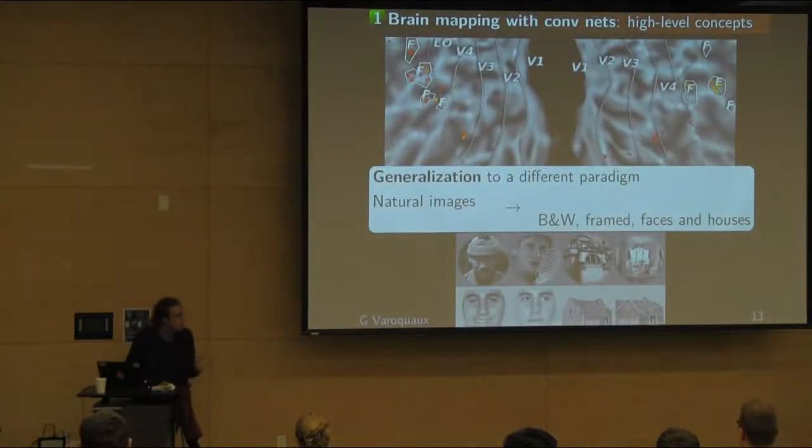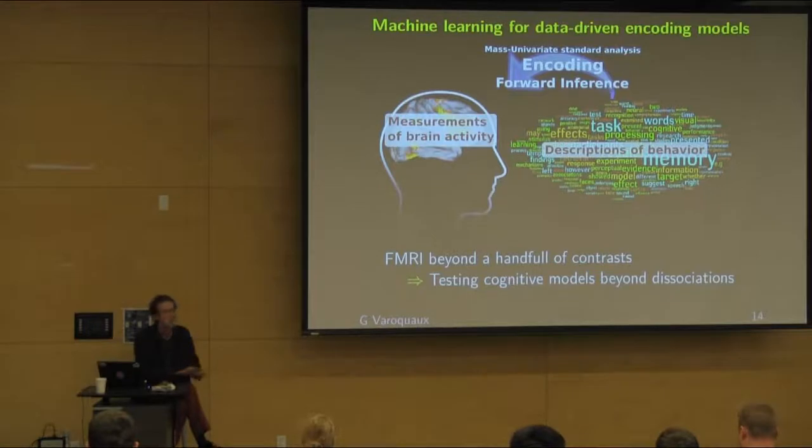Okay? So this is really what I'm personally excited about in this experiment, and I'd like to claim that this is something that can be achieved in general with encoding models.